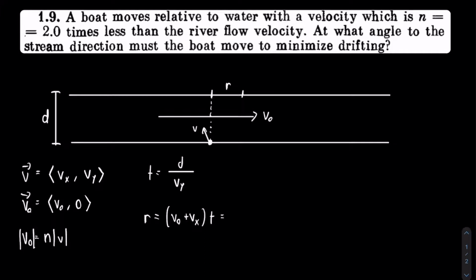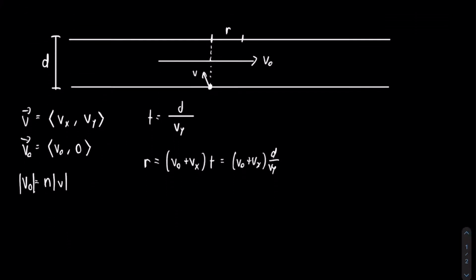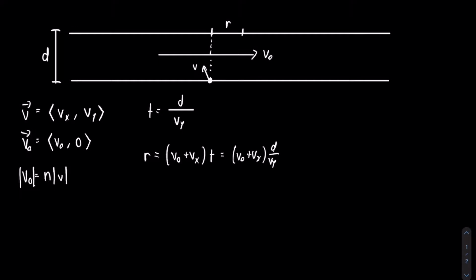However, from using the equation in the y direction, we have the time in terms of the y component of the velocity, so we could rewrite it as so. And then from there, I can just distribute to get that the drift distance is equal to the river flow velocity times d over vy plus vx times d over vy.